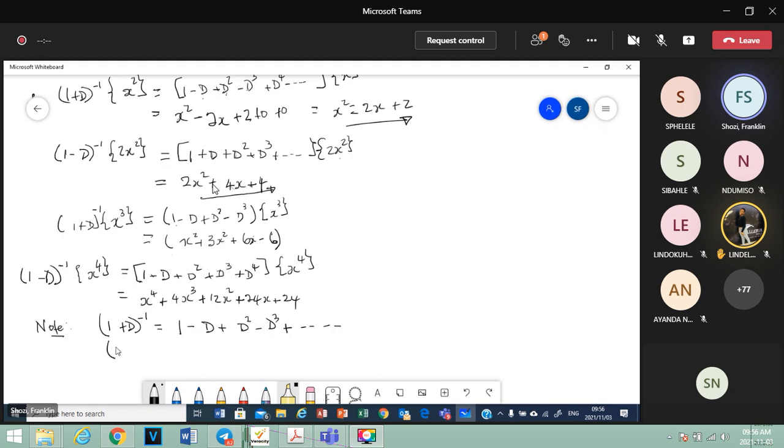Next, if it's 1 minus d to the power minus 1, note, I'm using 1 as a and n as minus 1 for the time being. It's 1 plus d squared plus d cubed plus and so on.